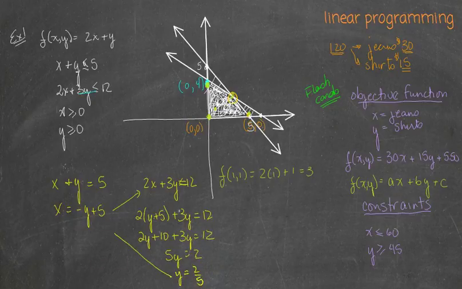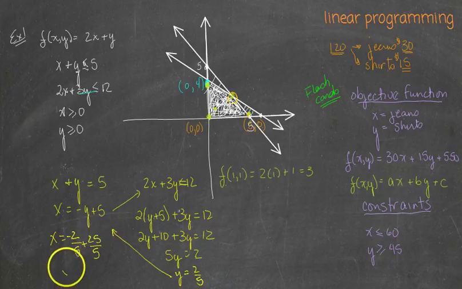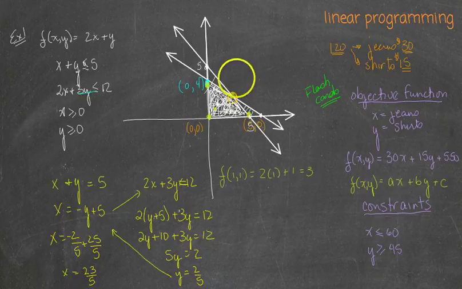And then I'm going to plug that back into this one, and I get x equals 2/5 minus 2/5 plus 25/5. So x equals negative 2 plus 25 is 23/5. Oh, that's ugly. So I have x is 23/5 and y is 2/5. Luckily, I only have to operate with that once.